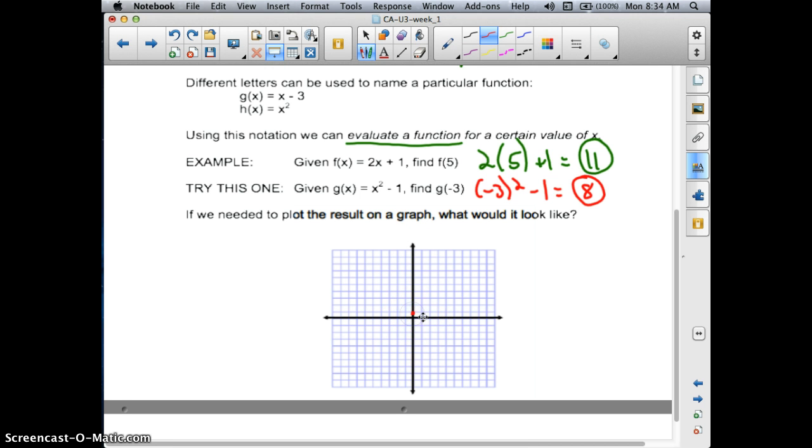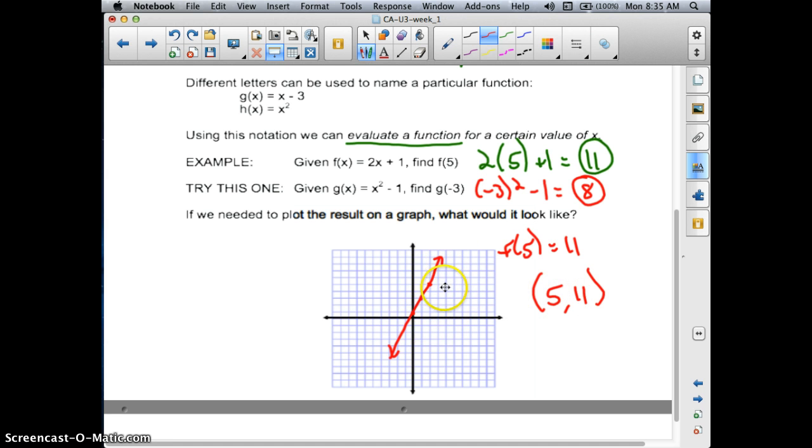My y-intercept is 1, my slope is 2, and so this is my line, not a very good one, but this is my line. f(5) was equal to 11. What that means is that when x is 5, y is 11.